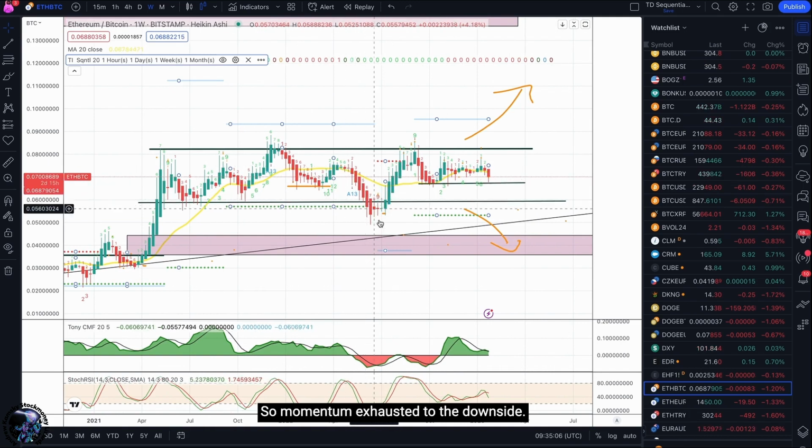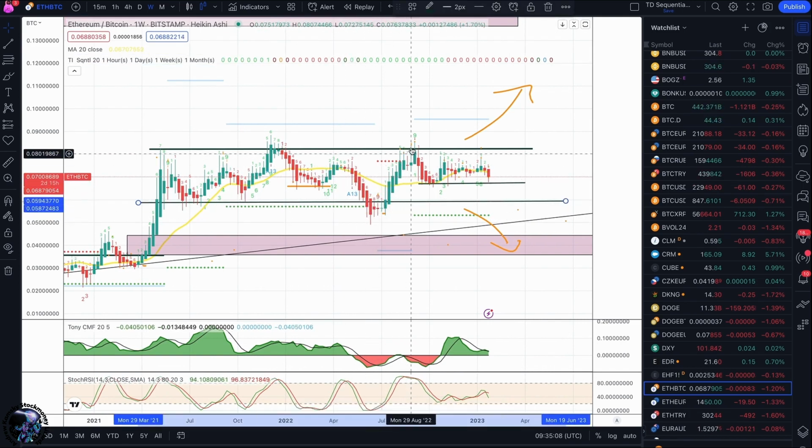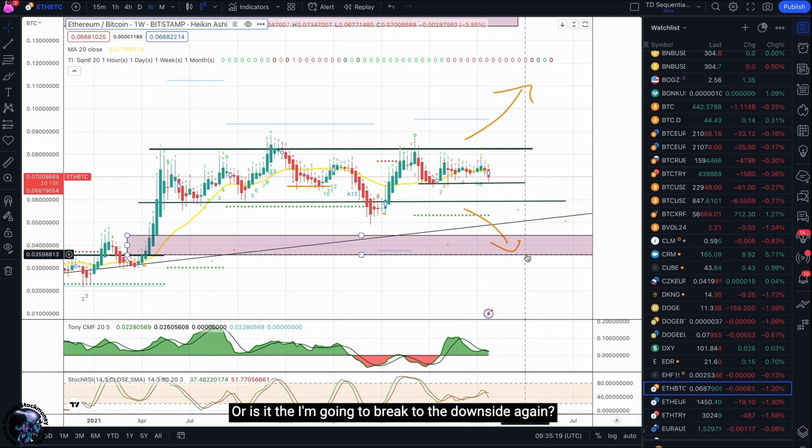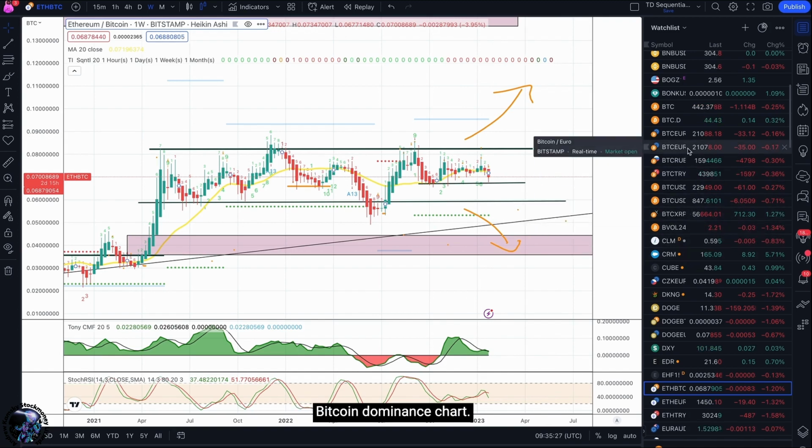So momentum exhausted to the downside, pushed it up for 9 more weeks, and now we're sort of in no man's land. Everyone is just thinking, is Ethereum going to break above, or is Ethereum going to break to the downside again? And sort of this might tie in line with the Bitcoin dominance chart.